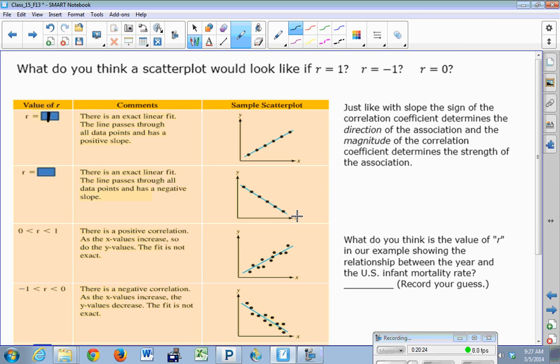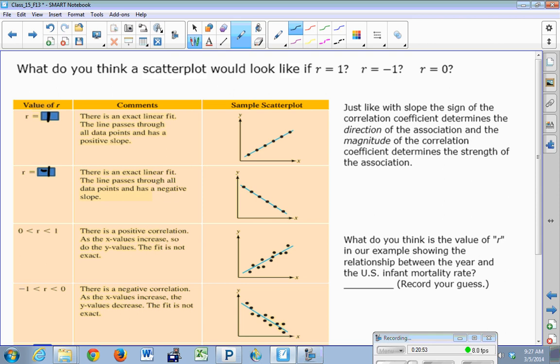So what do you think would be the correlation coefficient for this one right here? Second picture, -1, right? Okay, so any number for r that's between 0 and 1 is going to have a positive slope. As x increases, so does y. It's not going to be an exact fit. The closer your number gets to 0, that means your association is getting weaker and weaker.